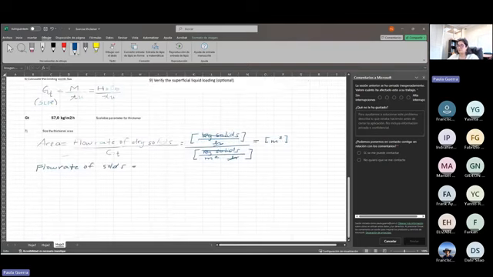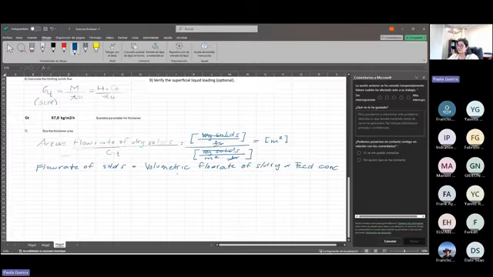The flow rate of solids is going to be the volumetric flow rate of slurry times the feed concentration.